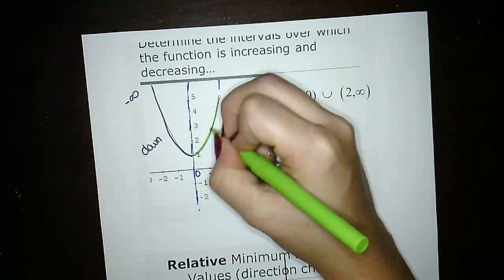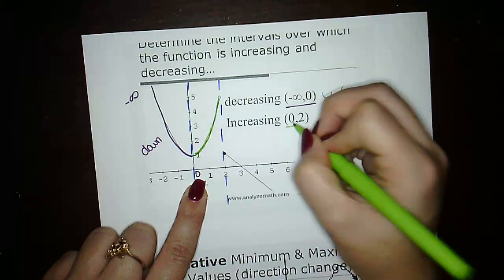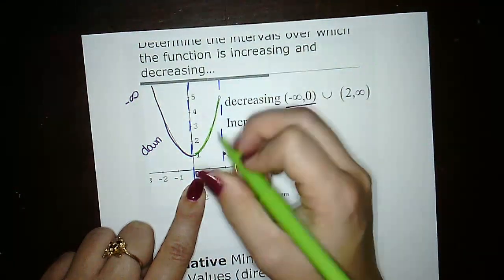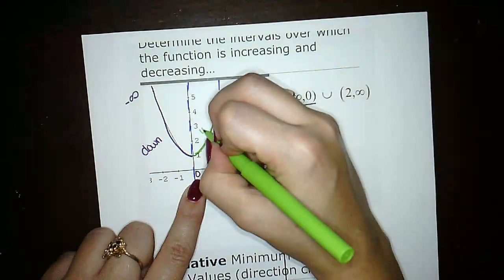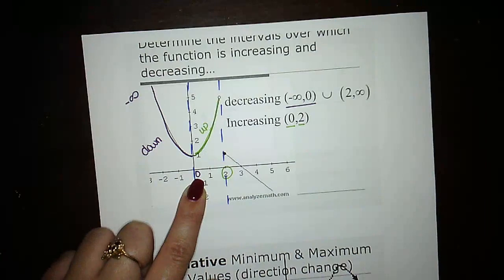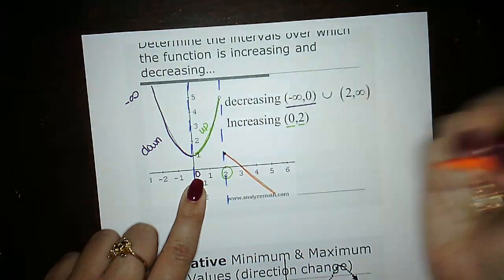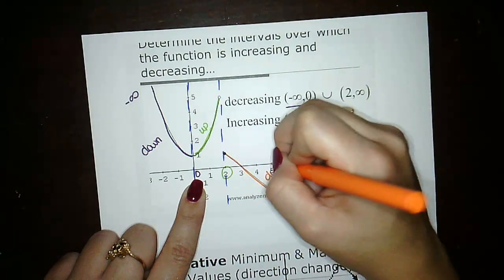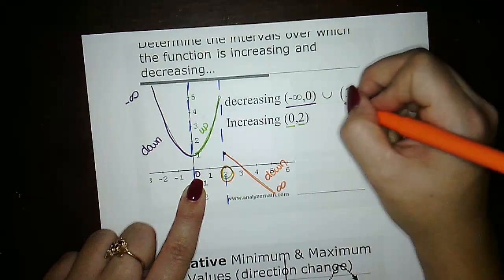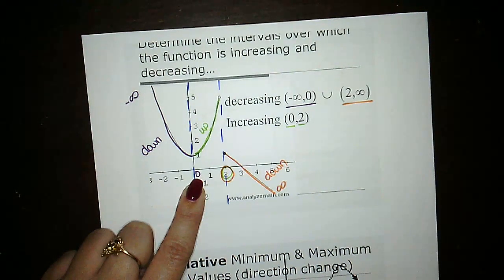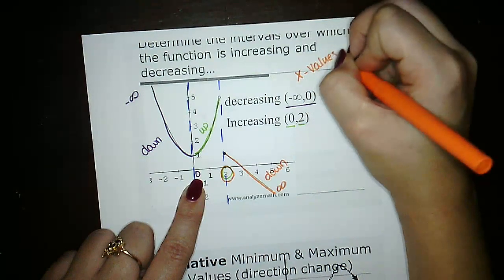So where does it start going up? When x is 0. And it goes all the way to where x is 2. So from 0 to 2, it is increasing. It's going up. Then I look at this linear piece right here. It's going down from my x value, which is 2, all the way to +infinity. Again, the biggest thing to remember, this is just your x values.